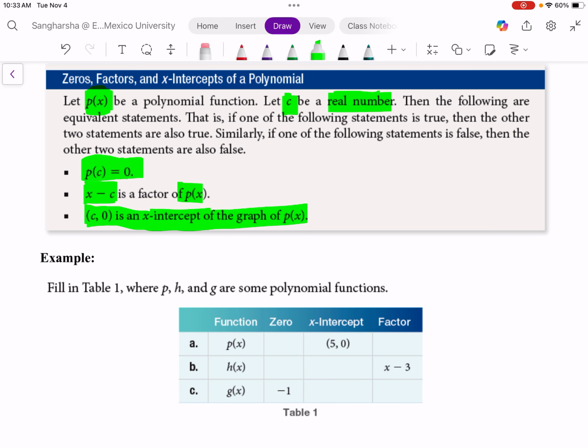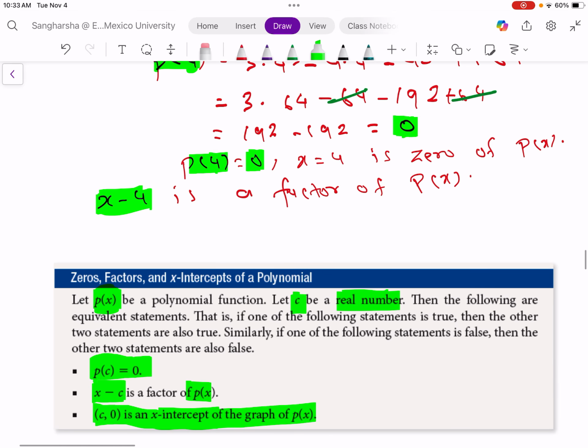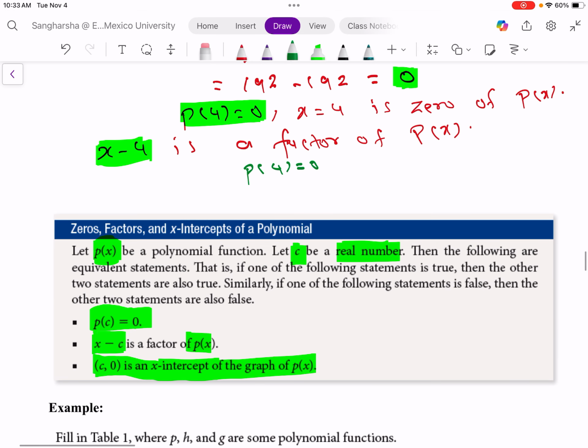So let me go back to our example. Here p of 4 is 0, right? So this is what we know: p of 4 is 0. If this is the case, x minus c is a factor, so our c is 4. So x minus 4 is a factor, and that's what we had here.